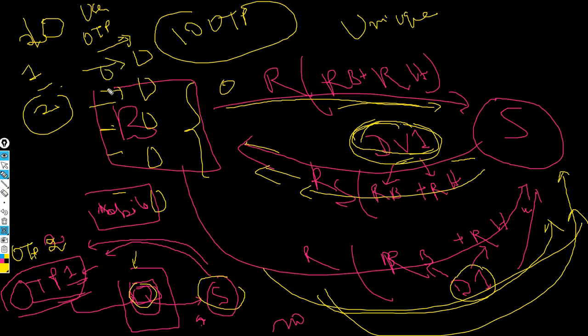Can it happen that this user received some OTP, I'll call it OTP 1, and this user has received some other OTP, let us say OTP 2. Can they interchange? Will it accept?